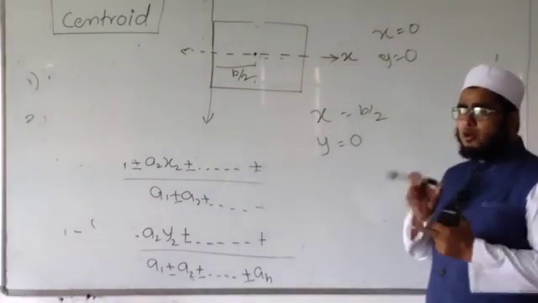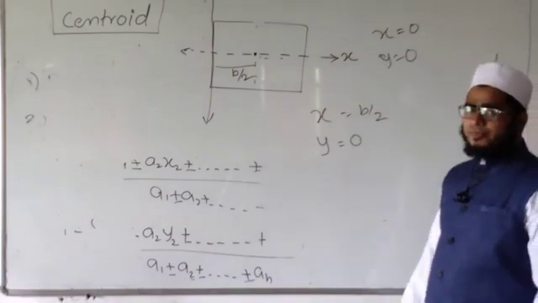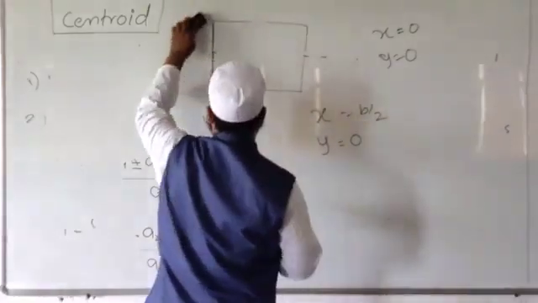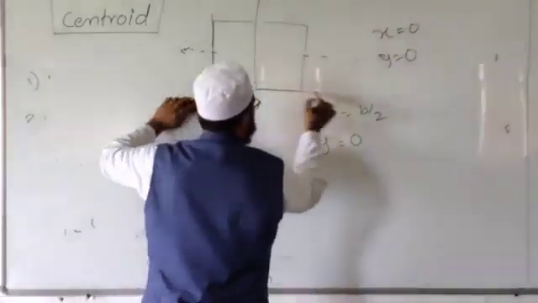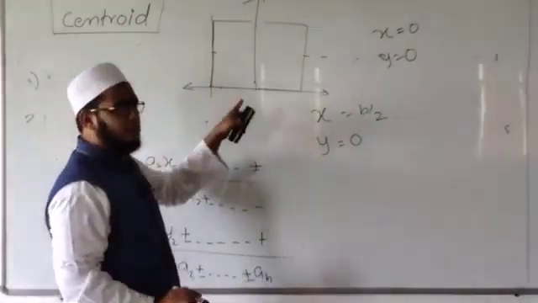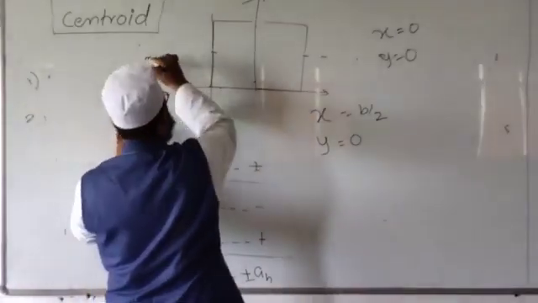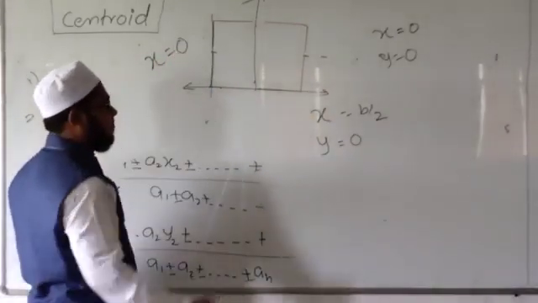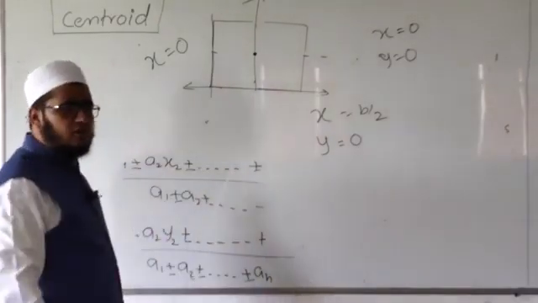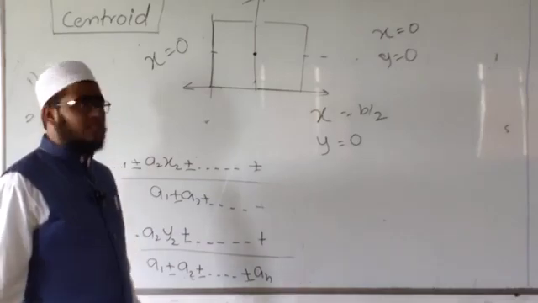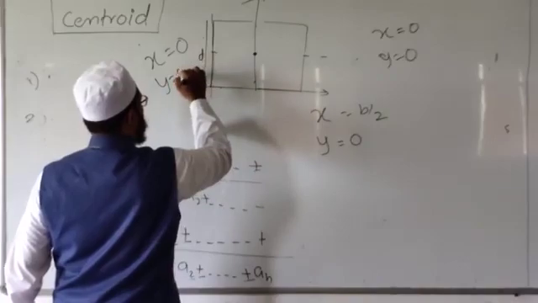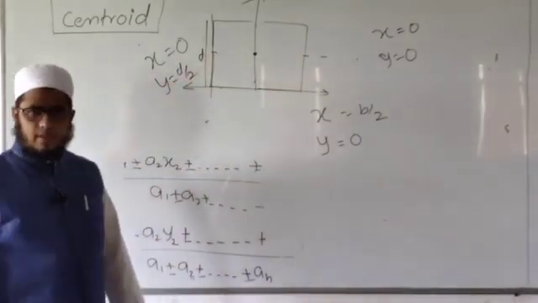If the figure is symmetrical about the x axis, the y coordinate is 0. And if the figure is symmetrical about the y axis like this, the y axis is dividing the figure into two equal parts, then the x coordinate of the centroid is 0, because the centroid is at this point which is located on the y axis. The x coordinate is the distance measured from the y axis, that's why x is 0, and y has the value, if it is d, of d by 2, like this.